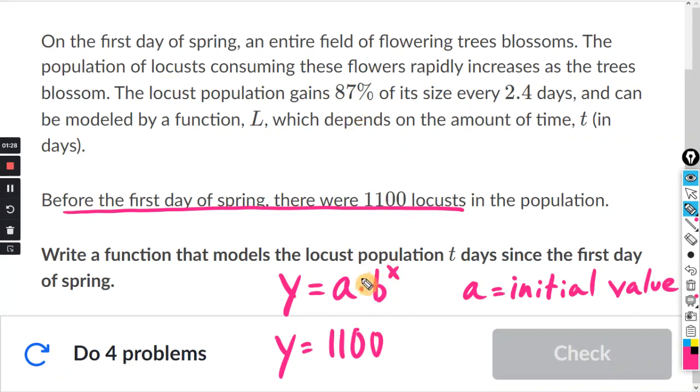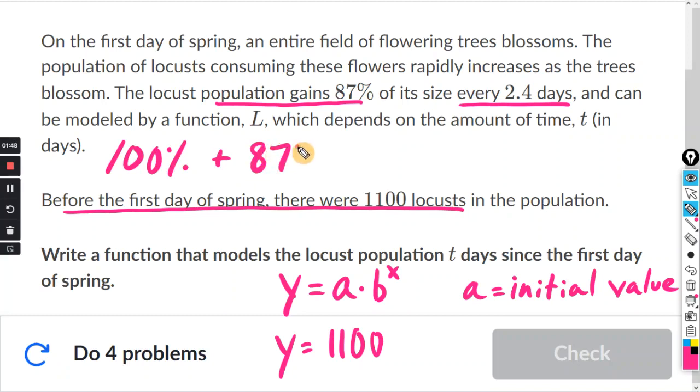And it's multiplied times b, and we're saying that the population gains 87% every 2.4 days. So if you start with 100% of something and it gains or adds 87%, that's going to equal 187%.